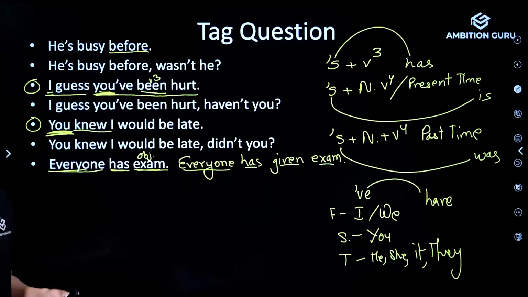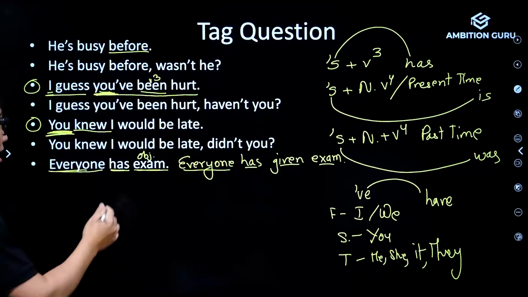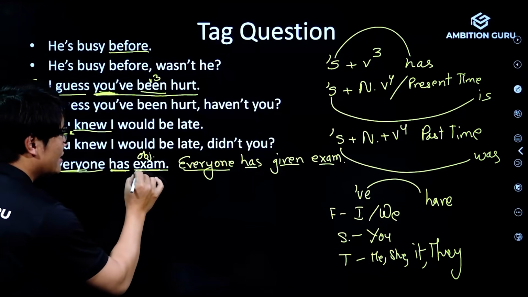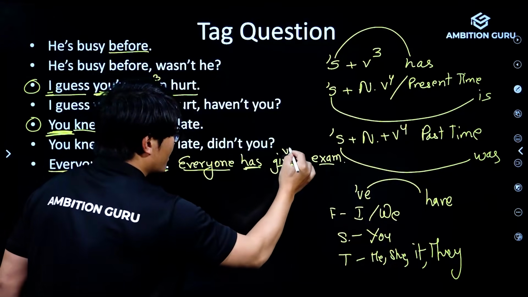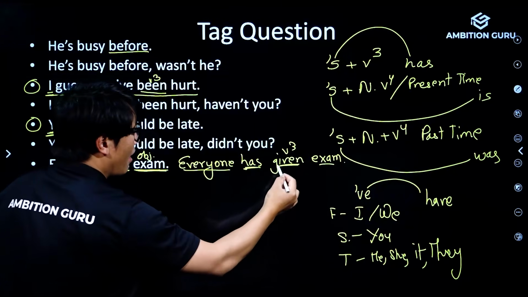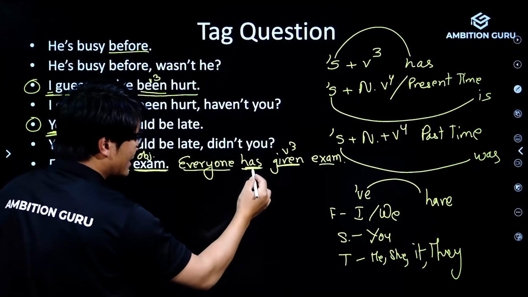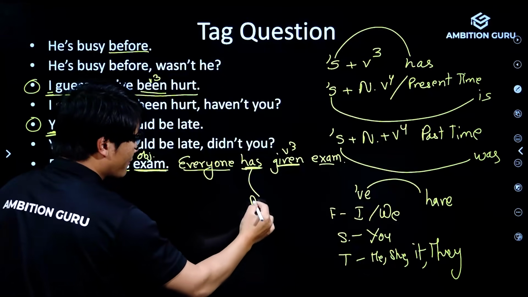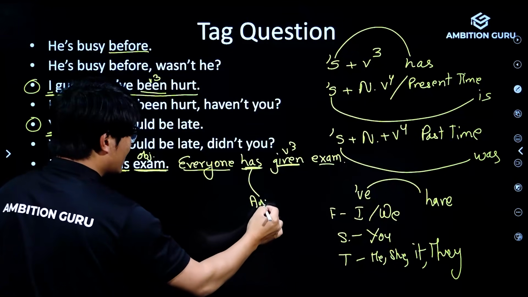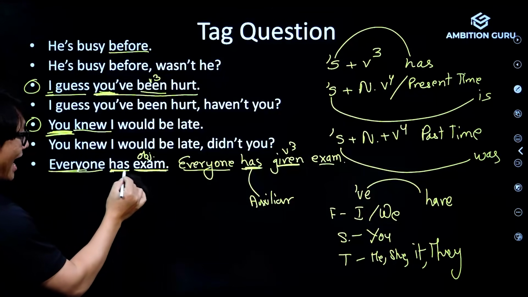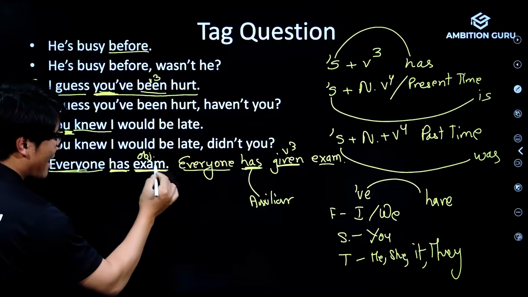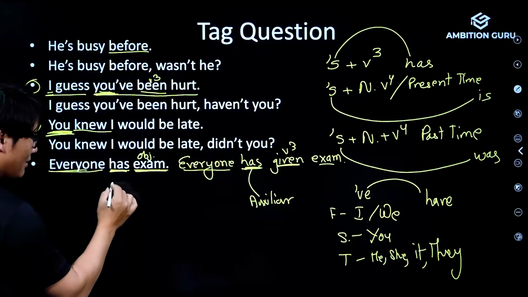Now let me tell you one difference. After has, here is an object, but after has, here is verb 3. Here it is verb 3, that's why this has is an auxiliary verb. But after has, here is exam, an object. That's why this is a main verb.